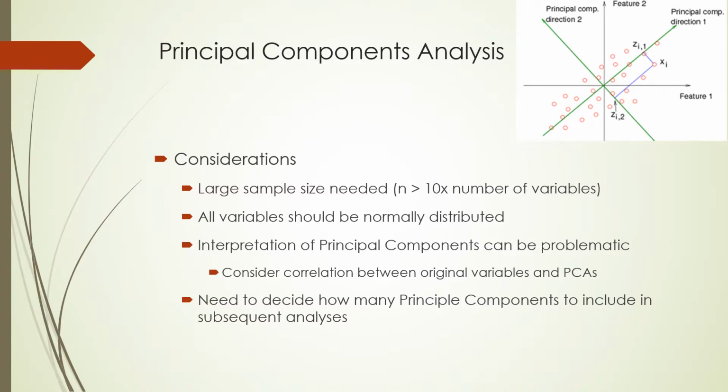And it's generally recommended that you need 10 times the number of samples as you have variables in your analysis. So if you have 15 variables, which is not hard to do, you would need at least 150 experimental units or sites where you're measuring these, which sometimes is not the case.